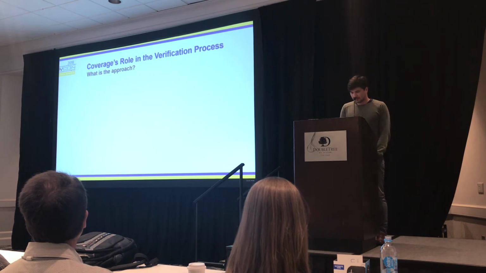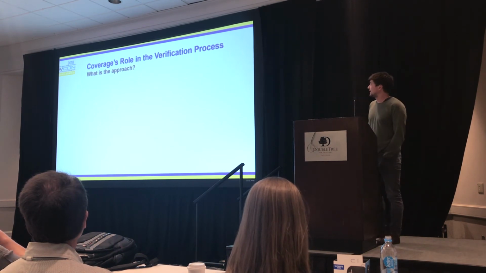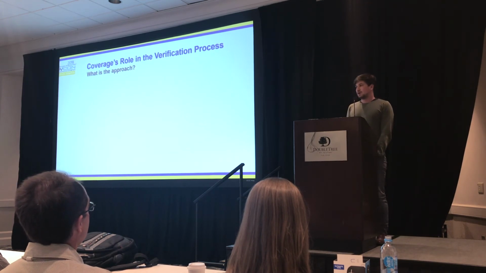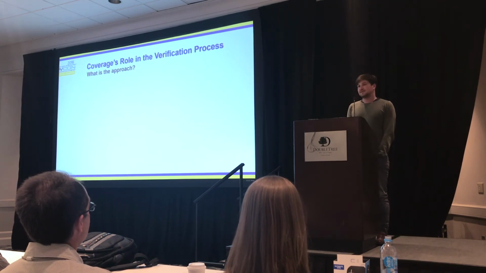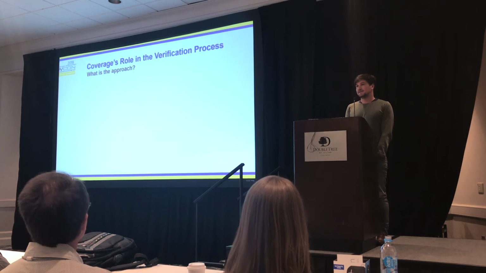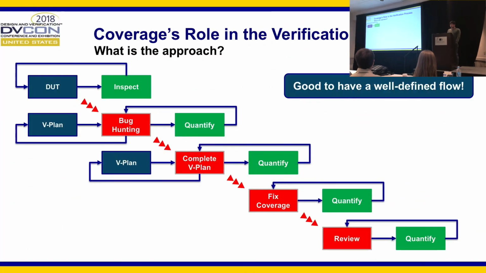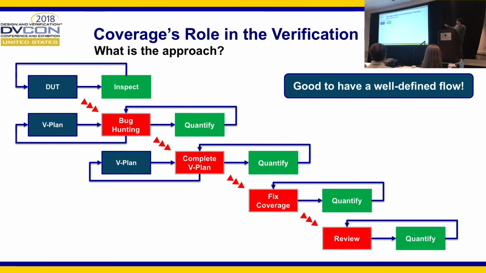Now I'm going to talk about the approach we took while verifying the design. This involves two components: the verification plan and the coverage tool. The first step I presented earlier was the design, where we run the early inspection, and the next stage was to start writing assertions in order to cover bullets in your verification plan.